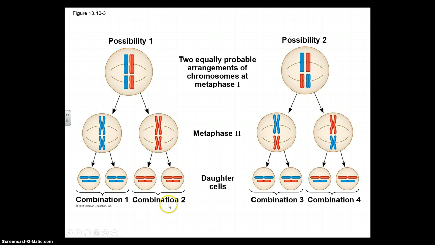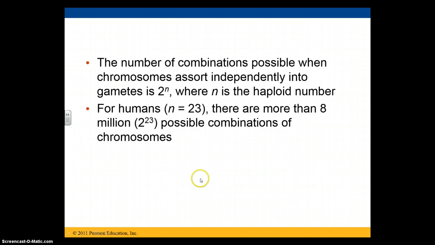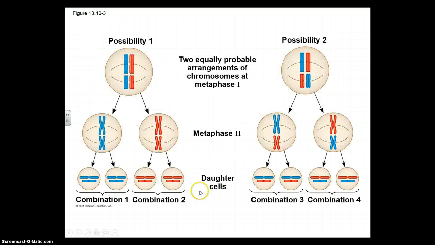So this is talking about that independent assortment. You can see here that in this case, all of the paternal chromosomes line up on one side, and all of the maternal chromosomes line up on the other side, resulting in all of these cells having paternal chromosomes and all of these cells having maternal chromosomes.